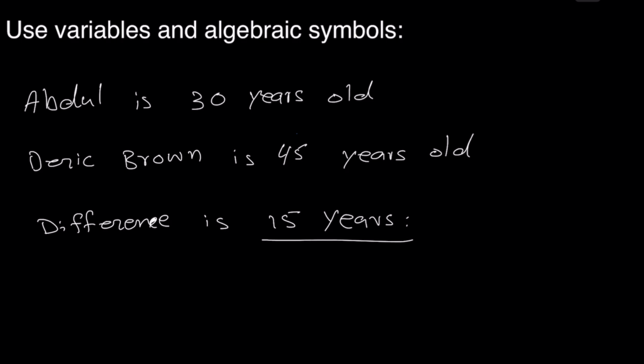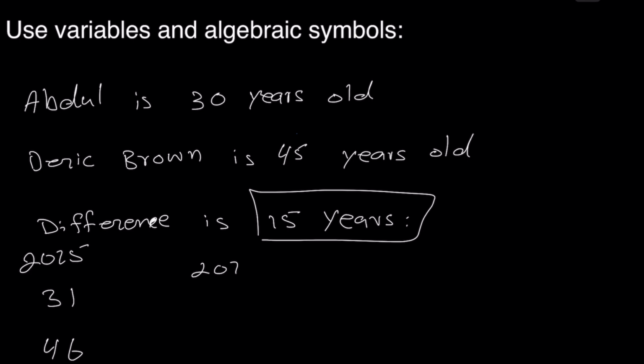That 15 years is constant because I am 30 in 2024 and he is 45. In 2025 I will be 31 and Derek Brown will be 46. In 2026 I will be 32 and he will be 47. So the difference is still 15 years.